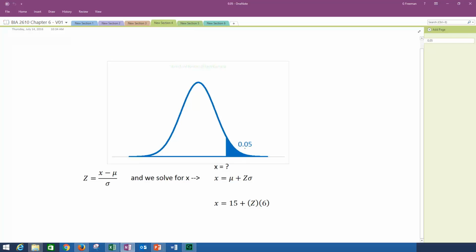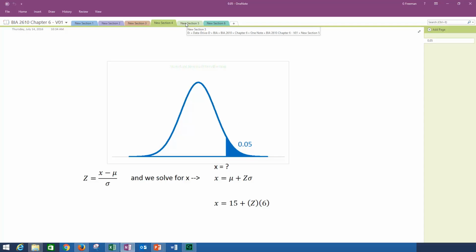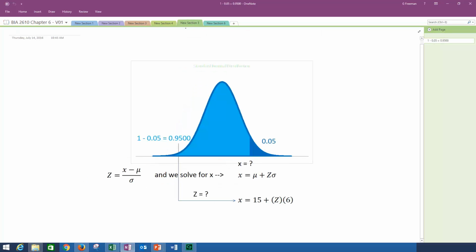But from this point, I can tell that the probability back here before x is going to be 0.95. And that should be illustrated on this one. There we go. I was clicking on the wrong one. So 0.95, we can go to the table and we can figure out what the value of z is.